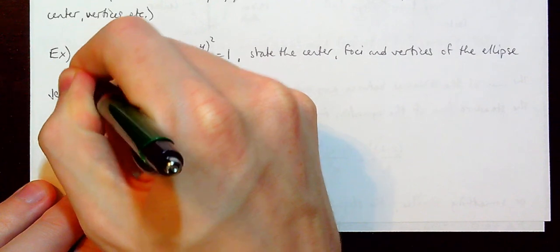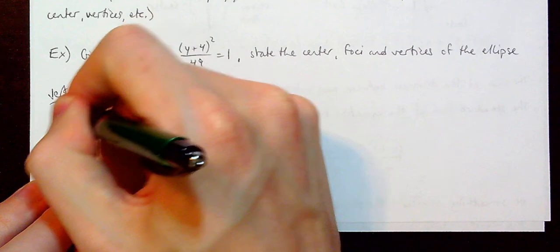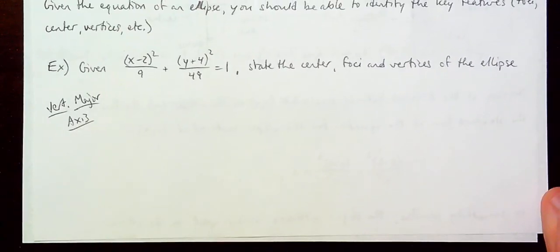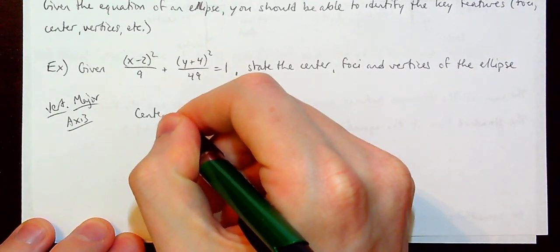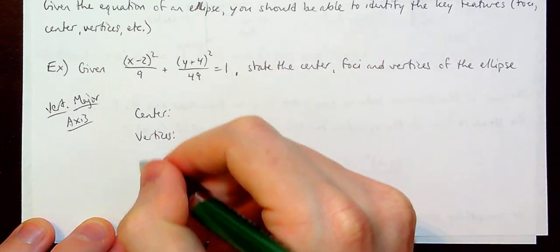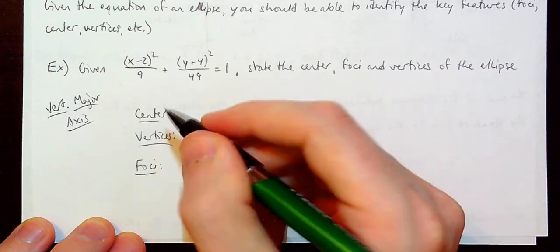Vertical major axis. So we need the center, the vertices, and the foci.